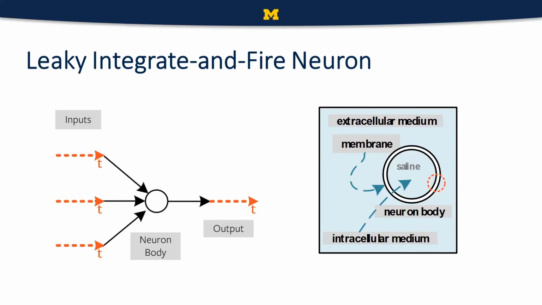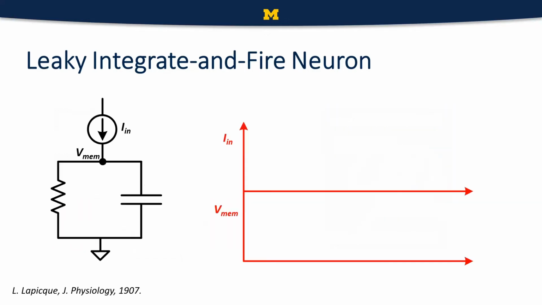If you want actual values, I took some notes here. In biology, the capacitance is like 0.1 nanofarads, and the resistance is 10 megaohms, something like that. So you can literally measure the time constant of ion flow in and out of charge storage on neuron bodies. That's kind of cool, I think. This is literally what an RC circuit is.